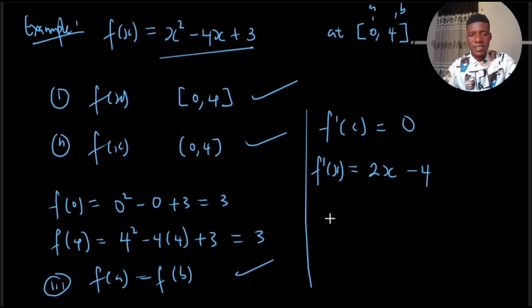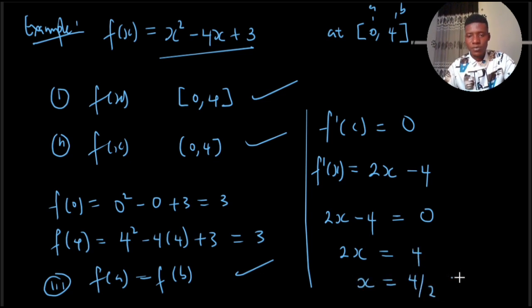So 2x minus 4 will be equal to 0 at this point c. Then 2x is equal to 4 and x equals 4 over 2, which is 2. So our c is 2. At this point where c equals 2, f prime of x is equal to 0.